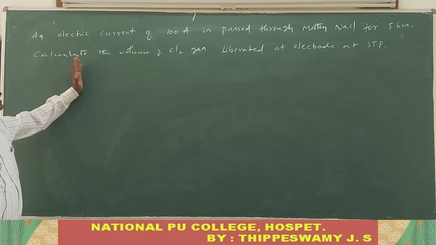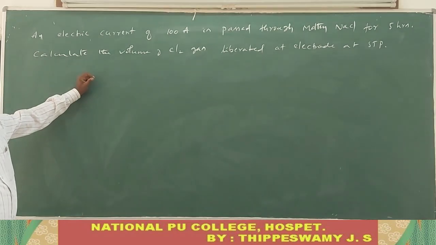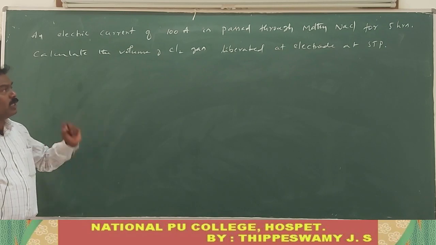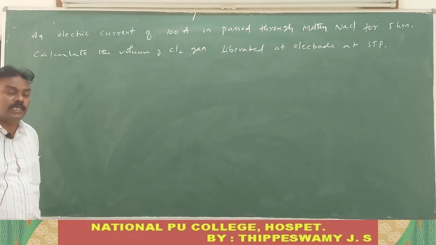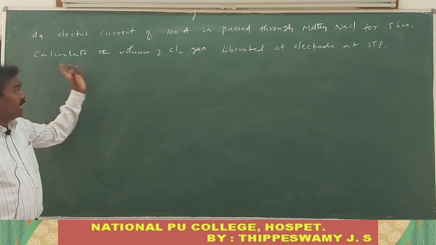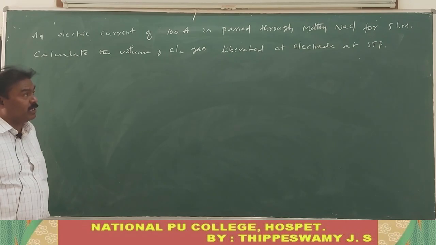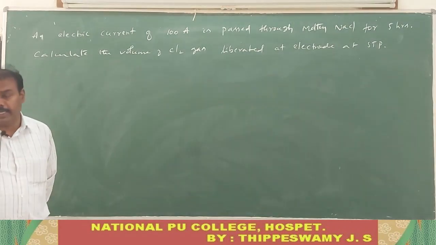An electric current of 100 amperes is passed through molten NaCl for 5 hours. Calculate volume of the chlorine gas liberated at electrode at STP. Yes, can you tell me? An electric current of 100 amperes is passed through molten NaCl for 5 hours. Calculate the volume of chlorine gas liberated.